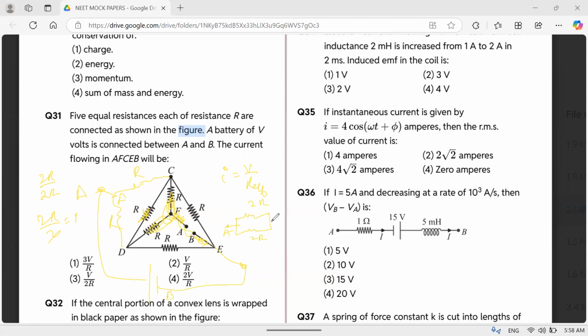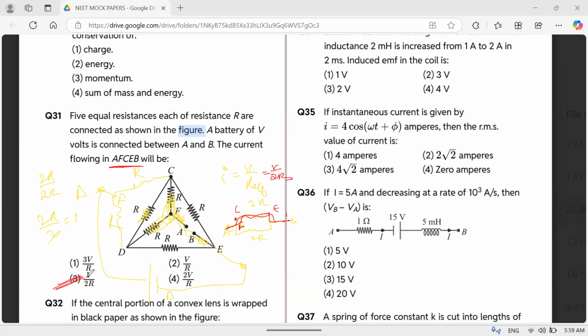This is terminal A and this is terminal B. So this is F. Little bit cautious, but he's asking between A, F, C, E, B. So this is A, this is F here. And here it is C, and here it is E, and here it is B. That means only in this one he is asking. That means resistance will be 2R. So I is equal to V by 2R will be the answer.